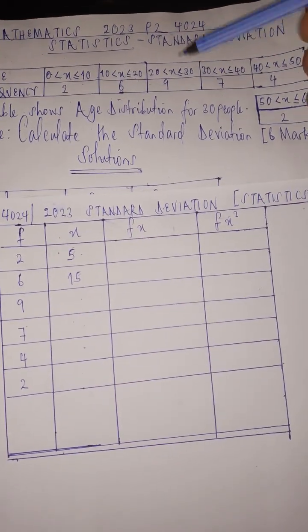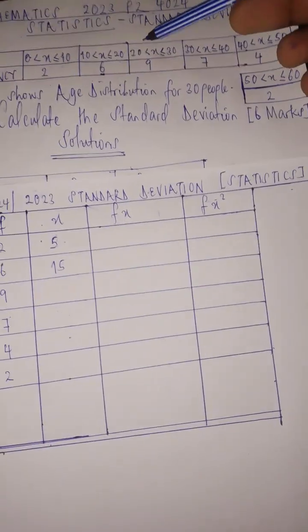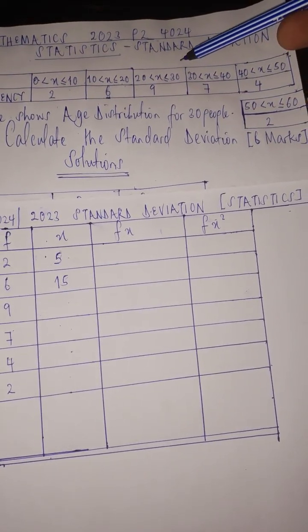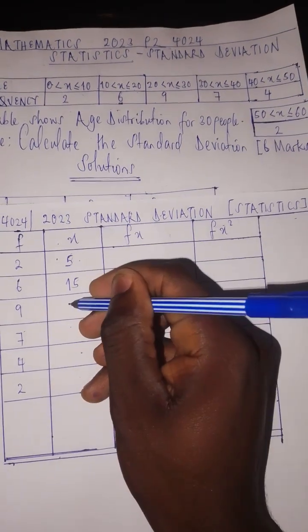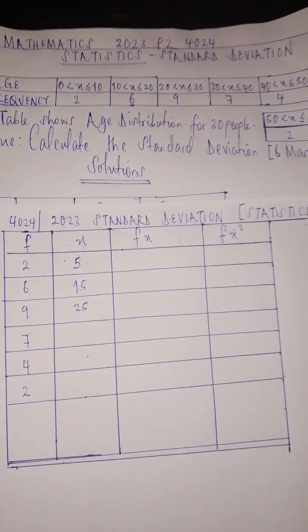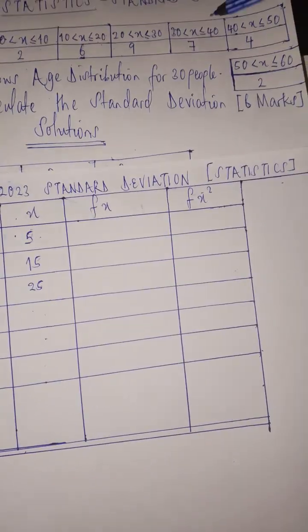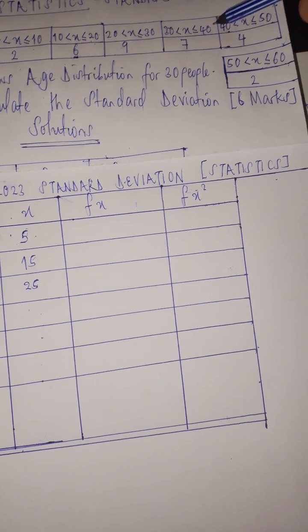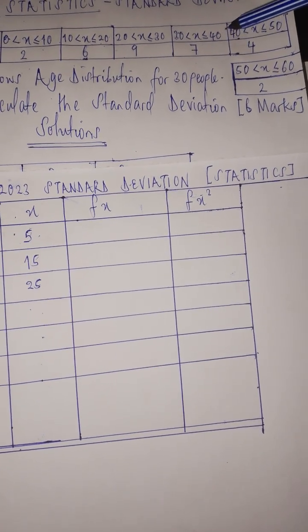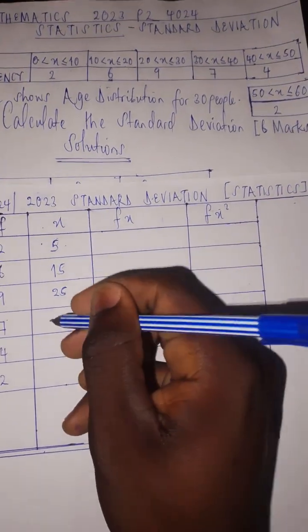Then the next one, it is 20 plus 30, that is 50 divided by 2, that is 25. Then the other one, it is 30 plus 40, that is 70 divided by 2, that is 35.